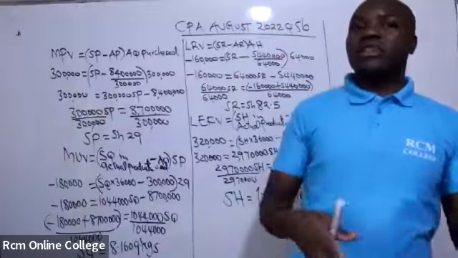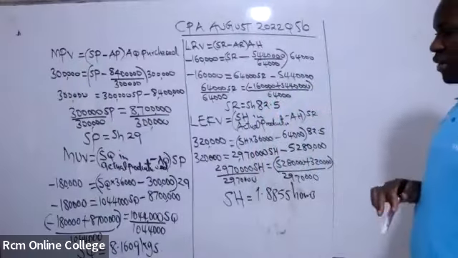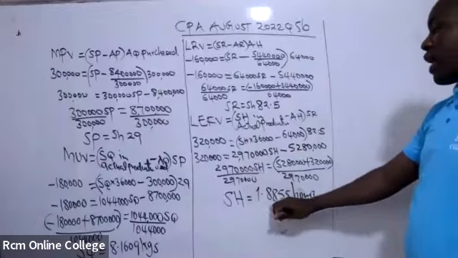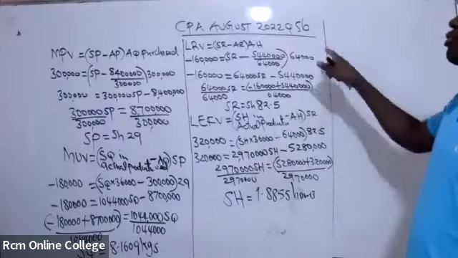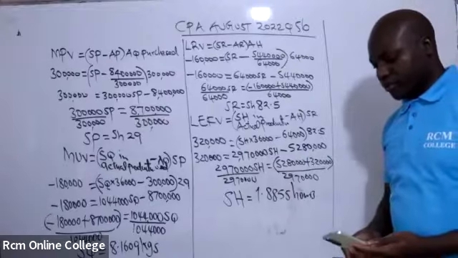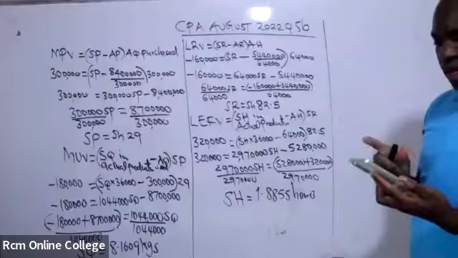If that is what we have in our question, then I don't need to waste time calculating standard hours. It is already available. That same standard hours will be used to deal with the variable production overheads. But let's see if you have a difference of plus or minus 1.